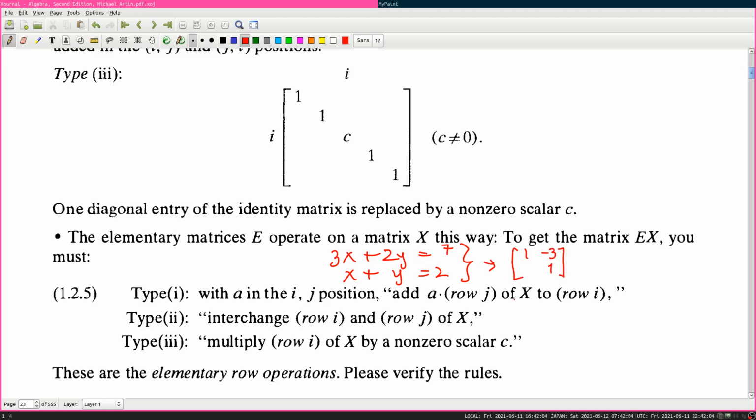That's your homework. That's your exercise. Times [[3, 2], [1, 1]]. We should get 0, and 2 minus 3 would be minus 1, and then the second row would remain unchanged.